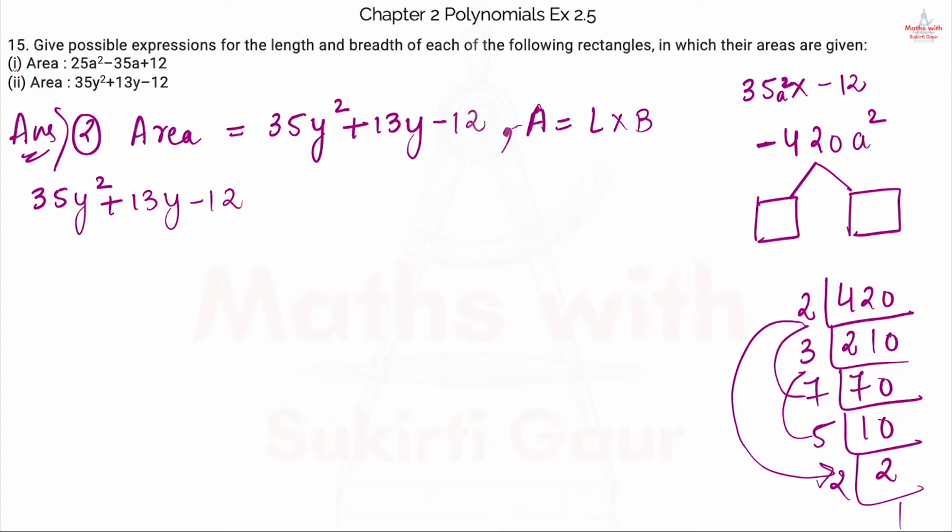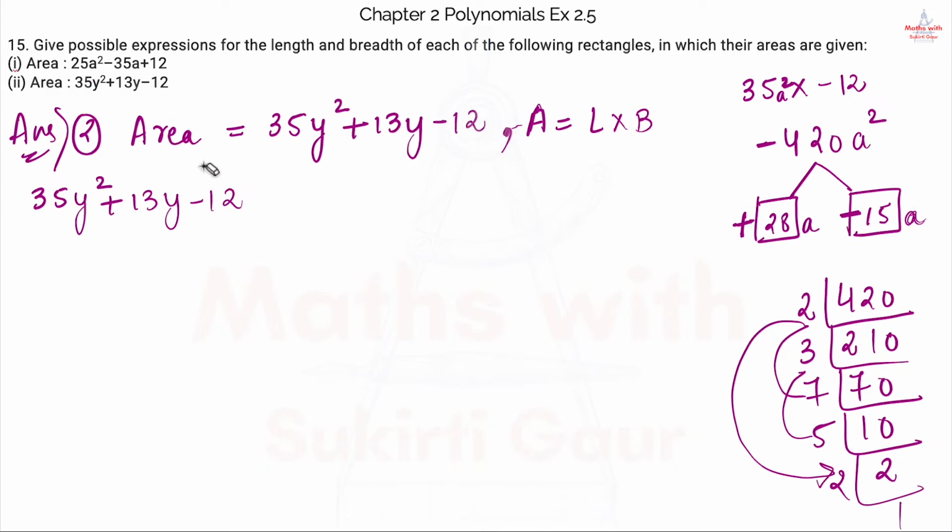But we want 13 in positive. So I would be taking 28 and 15, but I would be giving 28 a positive sign, because the number which is greater gives us its sign, right? And I would be giving 15 minus, they both are y and y, right?